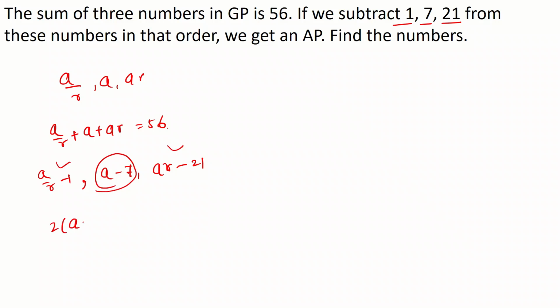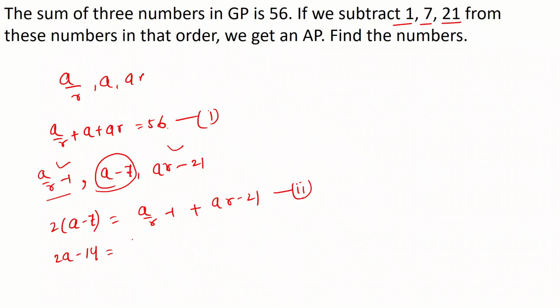So twice of a minus 7 is equal to a by r minus 1 plus ar minus 21. Okay, now we have two equations. The first equation is this, the second equation is this, and we need to find out the values of a and r. Alright, so 2a minus 14 is equal to a by r plus ar minus 22.